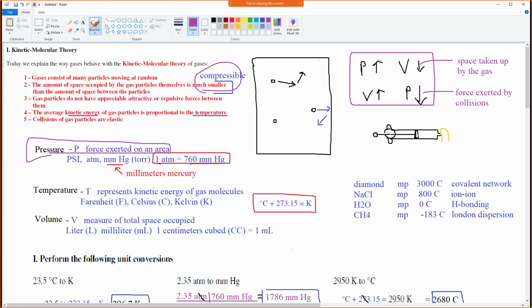We do see that there are collisions, but it doesn't say that you'll get more collisions when you compress it into a smaller space. So it's kind of a combination here. You can compress it because they've got lots of space between them. When you do compress it, then you're going to get more collisions, and those collisions are going to exert a force on the area. Does that make sense? Okay.